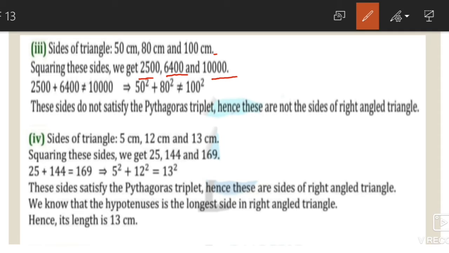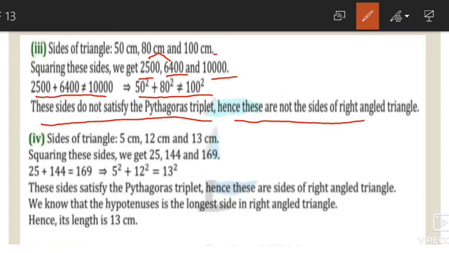Now if you add 2500 and 6400, it is not equal to 10000. So you can say that 50 square plus 80 square is not equal to 100 square. These sides do not satisfy the Pythagoras triplet, hence this is not the sides of a right angle triangle.